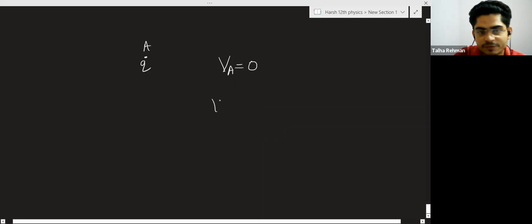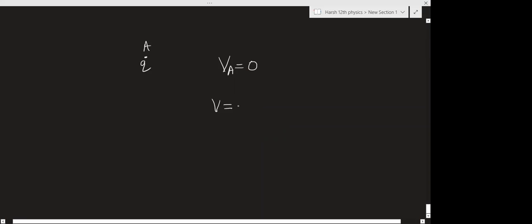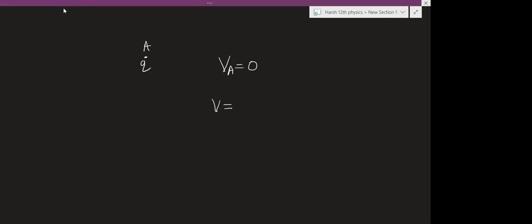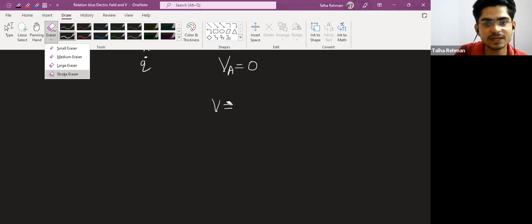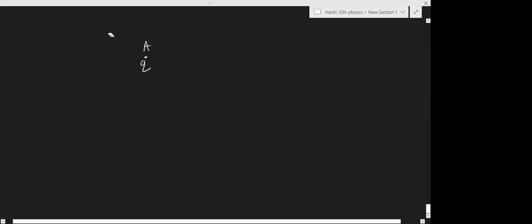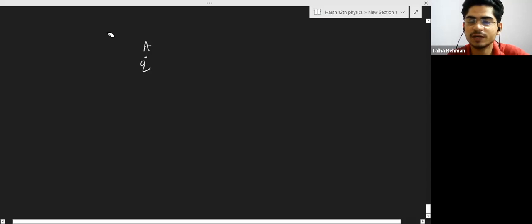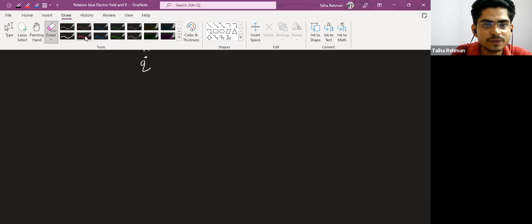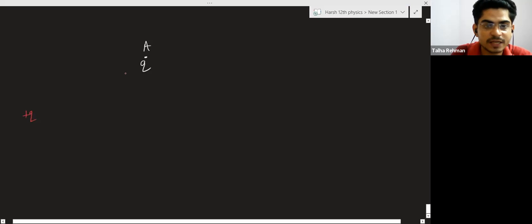For a charge, if there is only a single charge there, without any distance, you can say for an isolated charge, potential is always zero. If someone puts a charge Q here, then at point A the potential will not be zero.